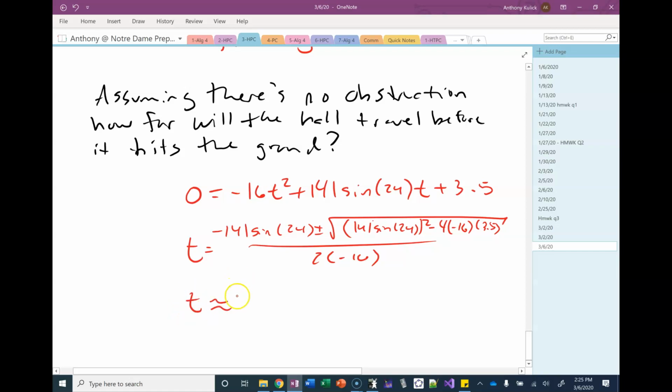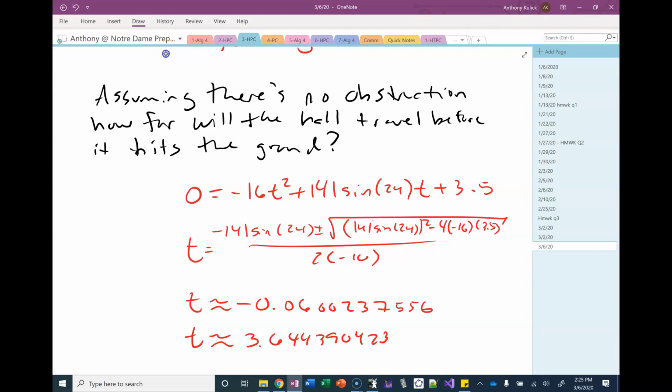So when I type that into my calculator, I would get these two answers.